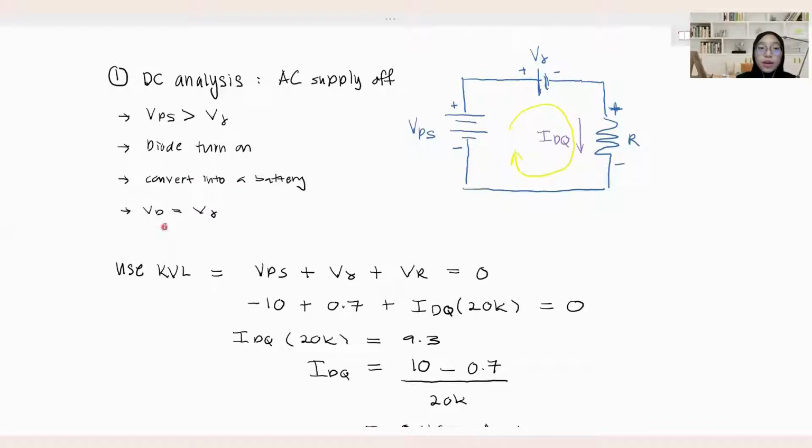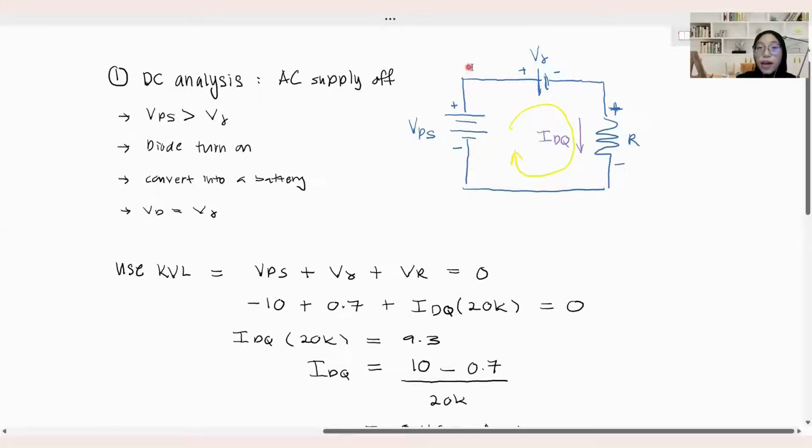Then VD will equal V gamma. If we sketch the circuit again, the AC supply will become a short circuit here, and this is VD equals V gamma. This is the resistor with IDQ, which is the DC diode current.